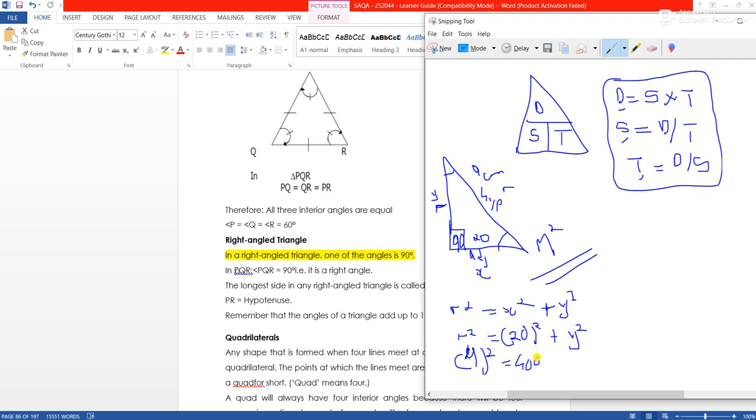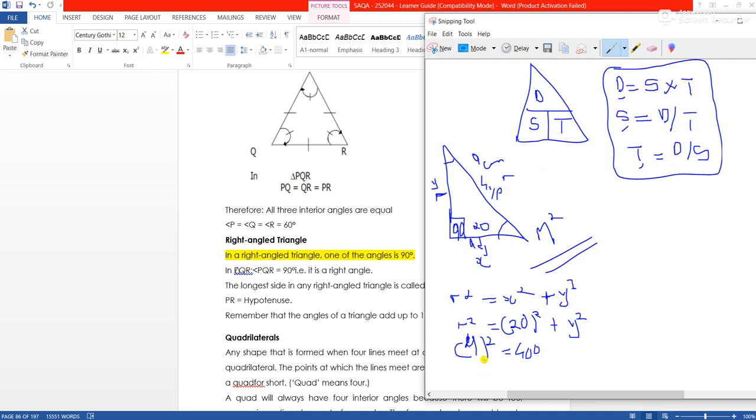9 to the power 2, I think it's 81. Yes, it's 81. 81 equals 400 plus y squared, and when you take 400 to the left-hand side, it will change its sign.